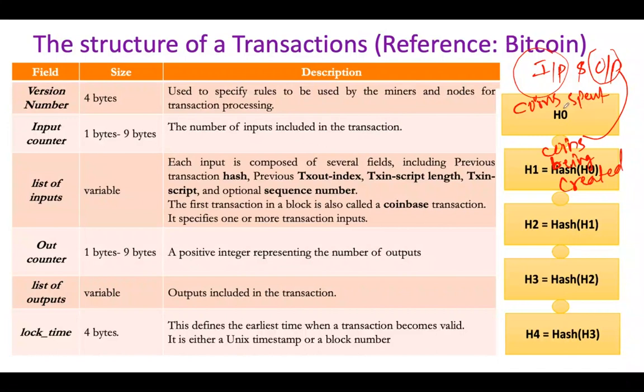So input means coins being spent, and output means coins being created. If a transaction is minting new coins, then there is no input and therefore no signature is needed.